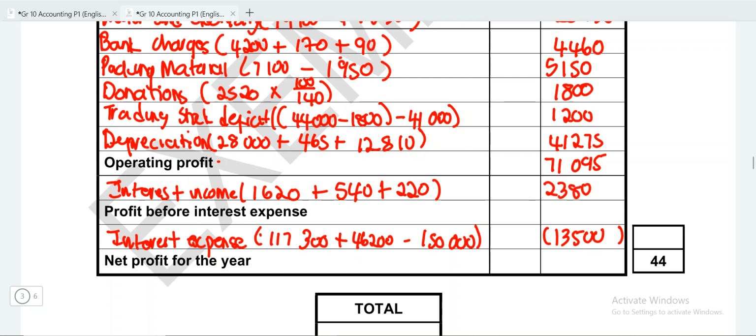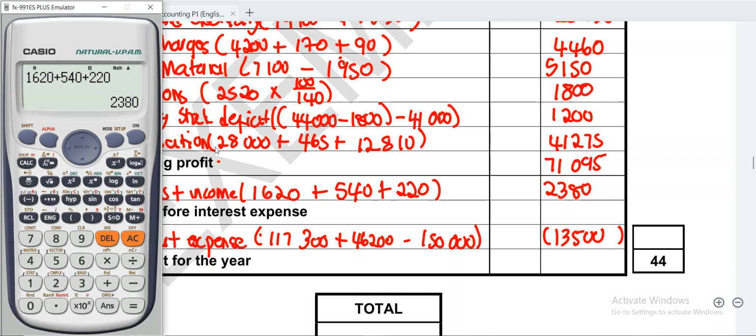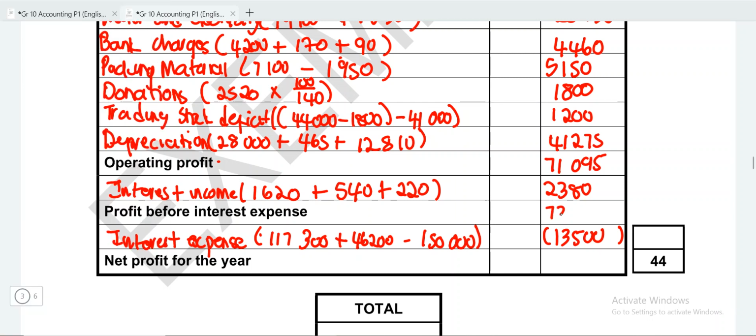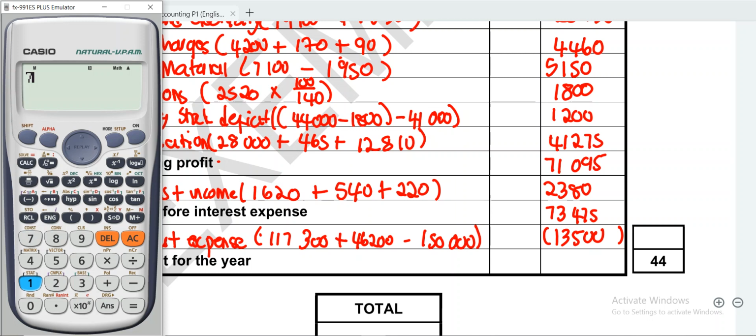Now profit before interest expense will be operating profit plus interest income. So if we say this 2,380 plus 71,095, it is going to give us 73,475. Okay, so 73,475 here. So let's add again just to verify. 71,095 plus 2,380, it is giving us 73,475.